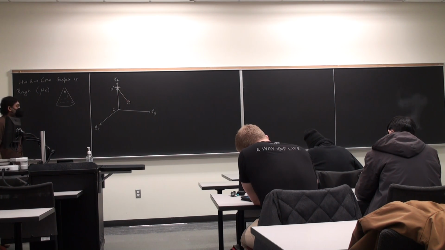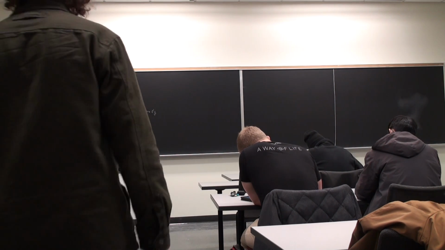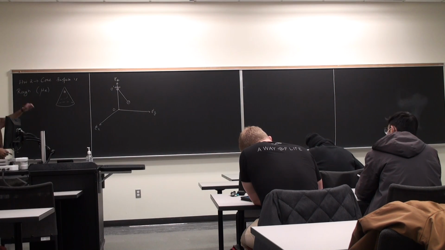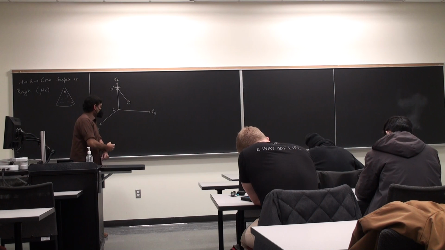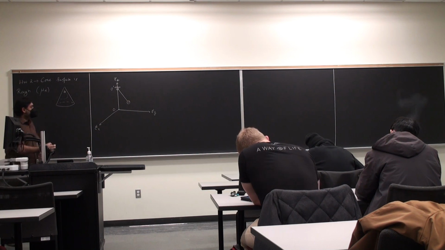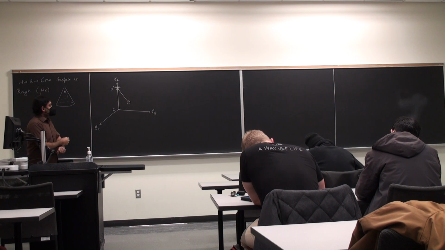And I want to set up the spherical polar coordinate frame. You asked me the question of homework too. Thank you for pointing that out. So here is the situation. First thing is I'm going to drop a perpendicular onto the XY plane.